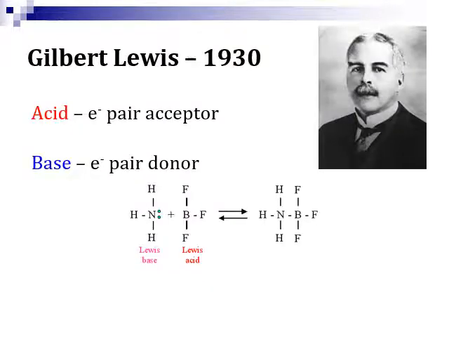And we actually need this guy's definition for organic chemistry. Lewis. You should know Lewis dot structures. All about the electrons, right? Well, Lewis looked at acids and bases, and he said, wait, acids are electron pair acceptors.